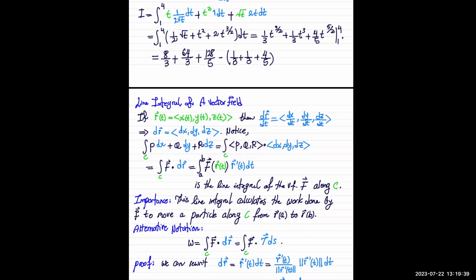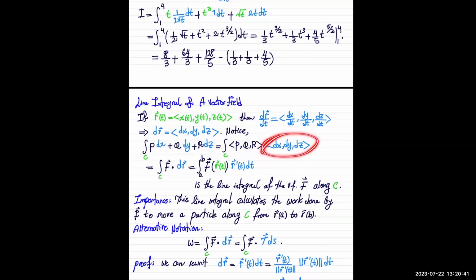This is a vector field that we are dotting by the dx, dy, dz vector, and that is what we call dr. So this becomes the line integral over the curve C of F dot dr, if you call this vector field F. This is the new notation for a line integral: the line integral of the vector field F over C. The way this is done is by taking the curve and plugging it into these functions.